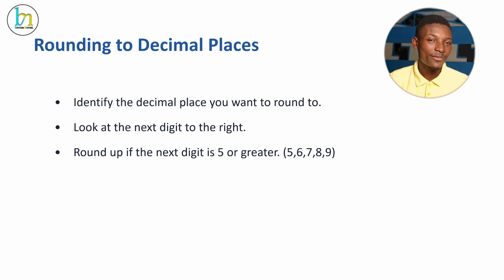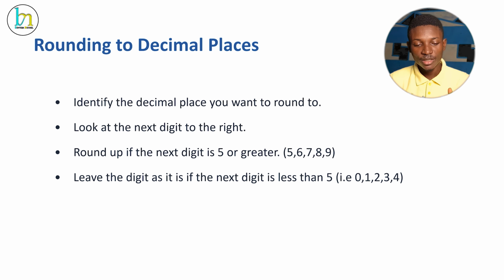So if it is 5 or more, then you must round up. I hope you are getting what I'm trying to say. And it says leave the digit as it is if the next digit is less than 5. So that is 0, 1, 2, 3, 4. Okay. Good.